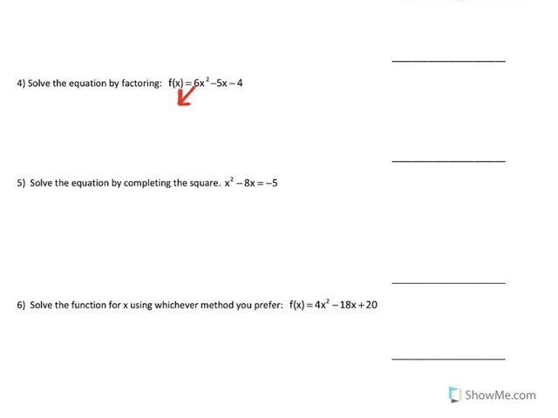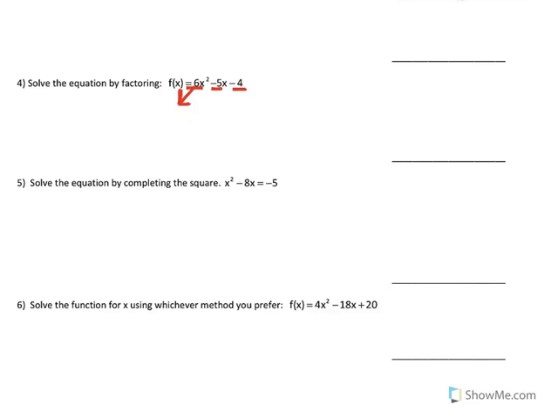So we are going to look at this and we are going to pull out a GCF. Well, if you pull out a GCF, as you can see, there's nothing I can divide all of those by.